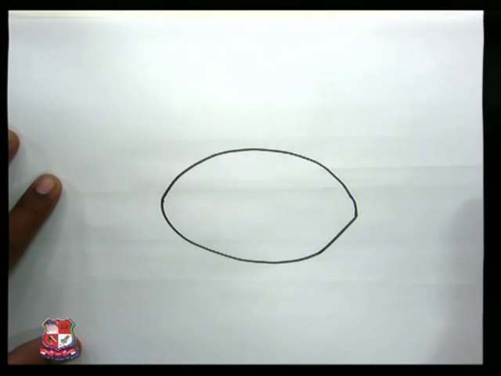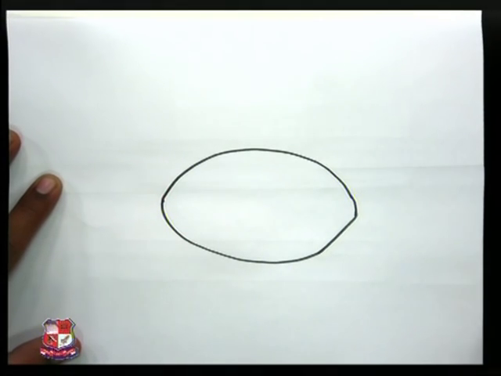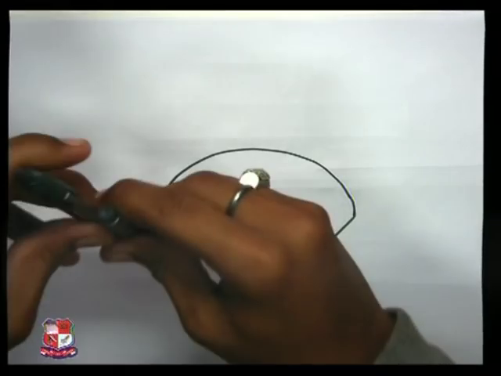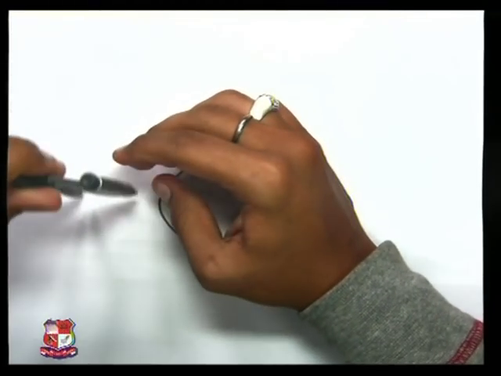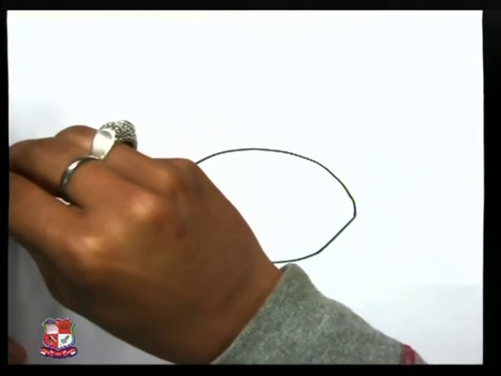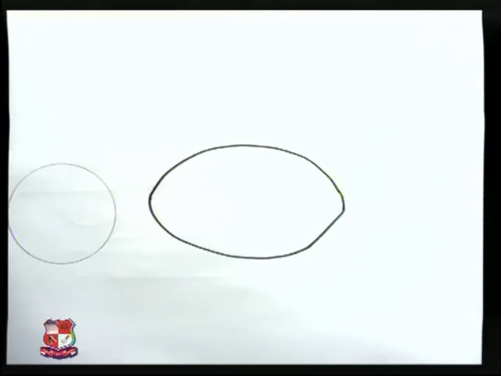Ellipse looks like this. Now we have a circle as a reference beside the ellipse.